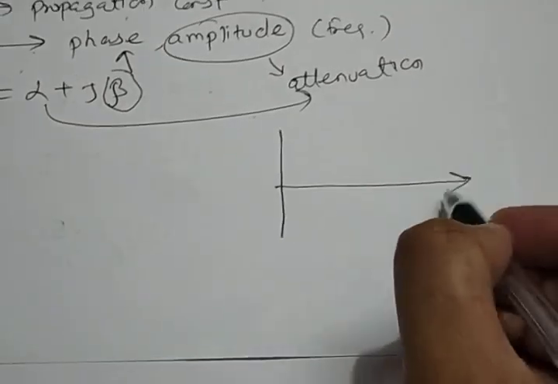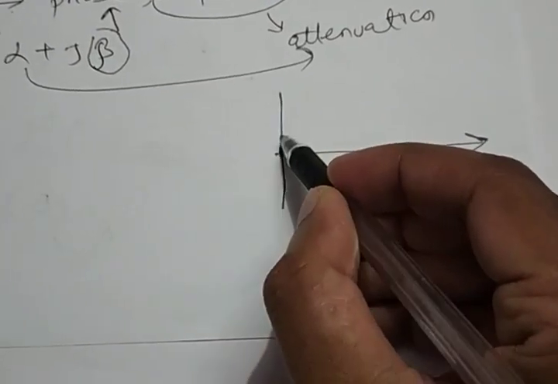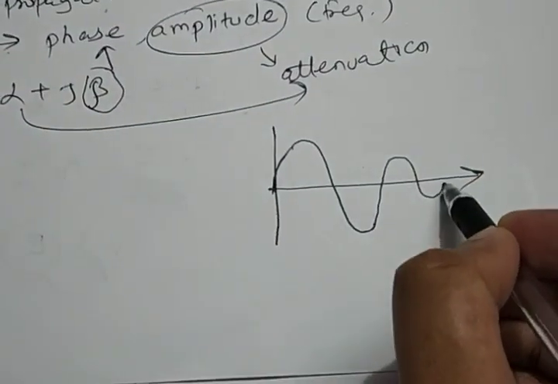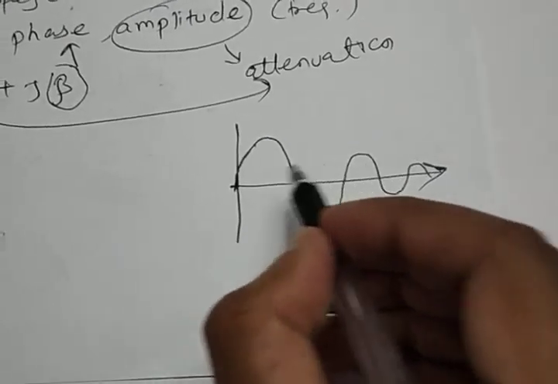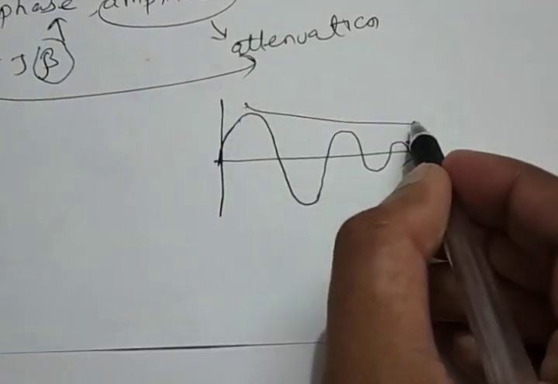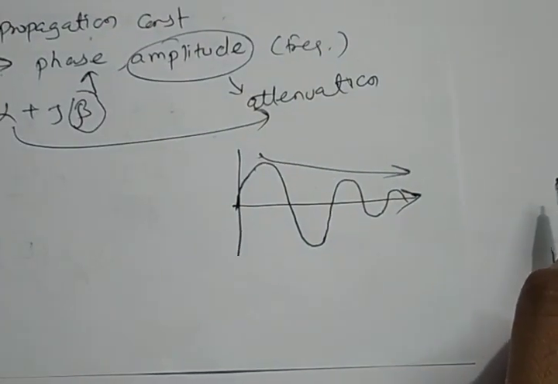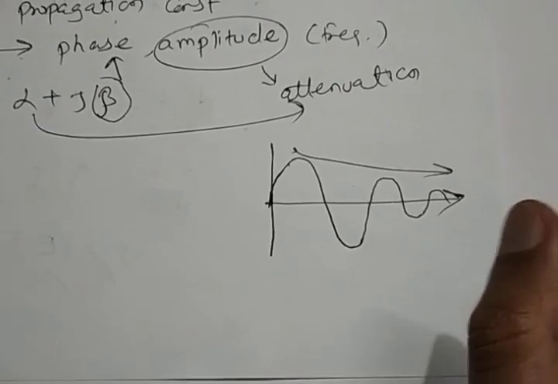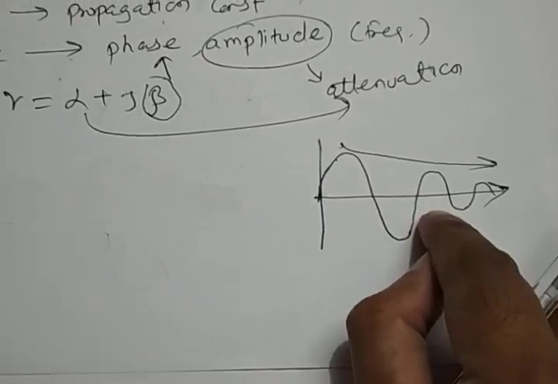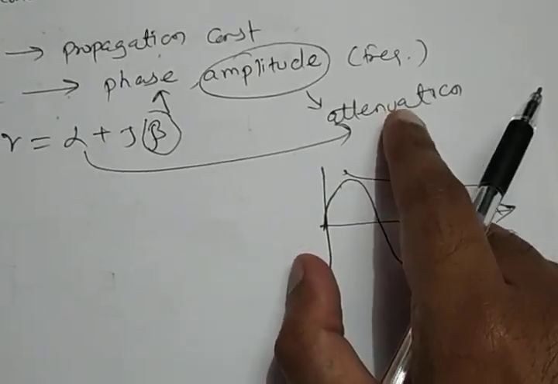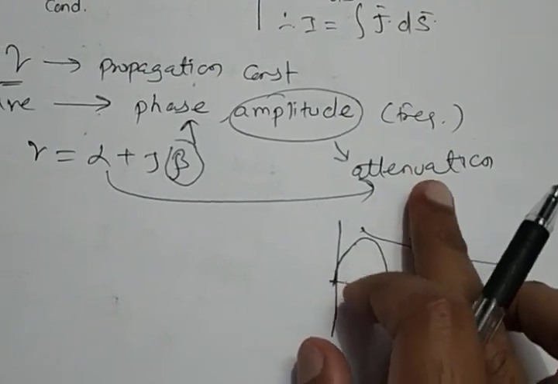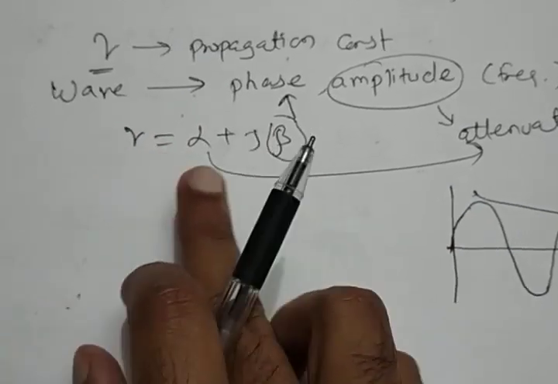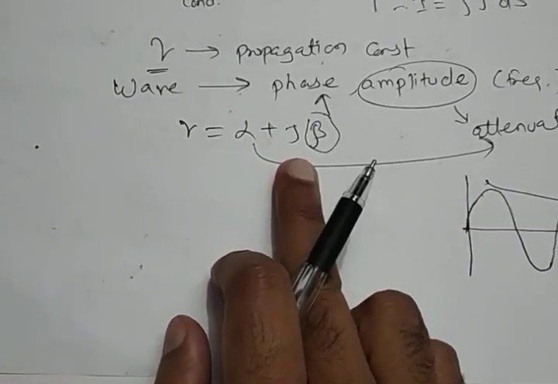Whenever we have a practical wave, if it starts with a particular amplitude with some energy, after some distance it keeps on decreasing. It keeps on losing its energy. It has some exponential behavior. So the exponential part is very essential in the equation when we talk about a wave traveling. Whenever there is amplitude, it is directly related with attenuation. There is attenuation in the wave and there is some phase of the wave. So this propagation constant is a combination of alpha plus j beta.